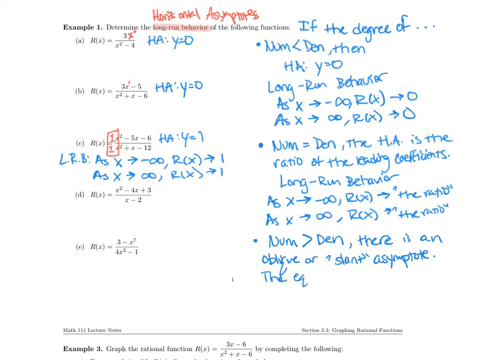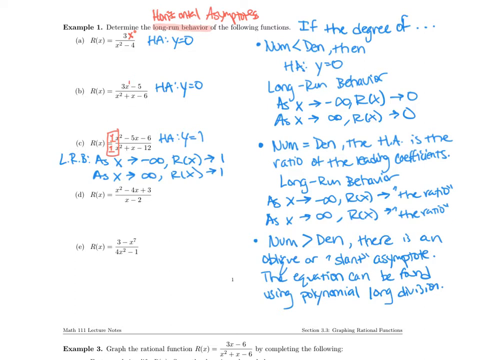And the equation for the slant asymptote can be found using polynomial long division.